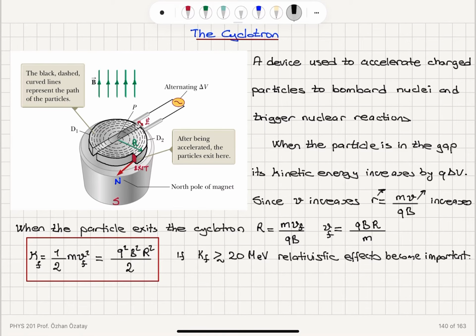So we have 1/2 m v final squared, so we will have m squared here, so that will cancel with this m, so this is going to be m in the denominator.